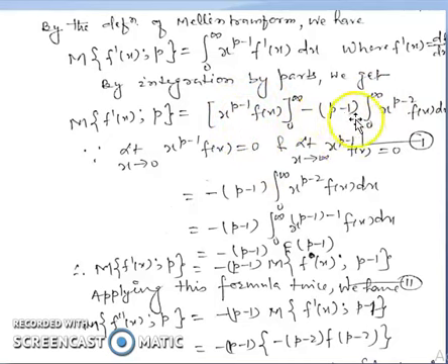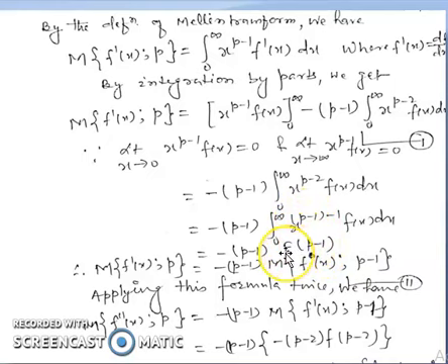So the rest of equation 1 is minus (p minus 1) integral from 0 to infinity of x to the power p minus 2 f(x) dx. So this is minus (p minus 1) integral from 0 to infinity, and here p minus 2 can be written as x to the power p minus 1 f(x) dx, equal to minus (p minus 1), and this part, integral from 0 to infinity of x to the power p minus 1 f(x) dx, can be written as F of p minus 1, because in place of p here is p minus 1.